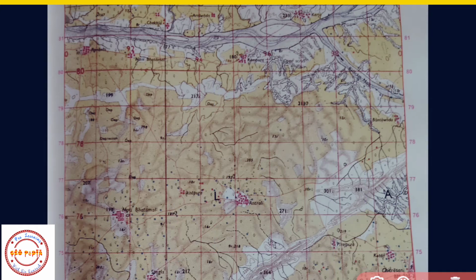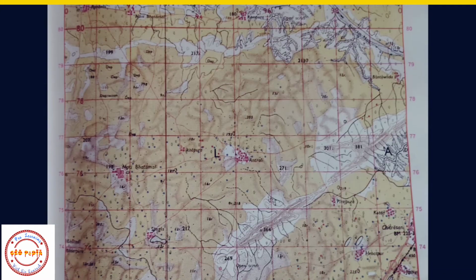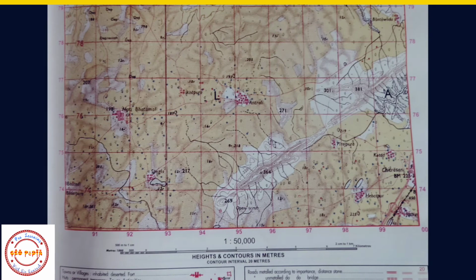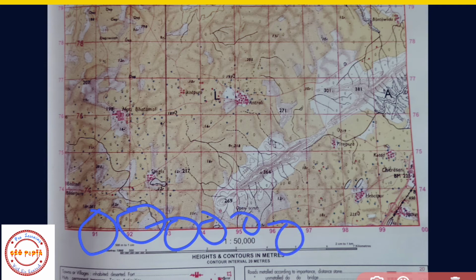These lines are called eastings because they move to the east. Here we have 91, 92, 93, 94, 95, 96, and so on. So it is moving in this direction, that is, the east direction.